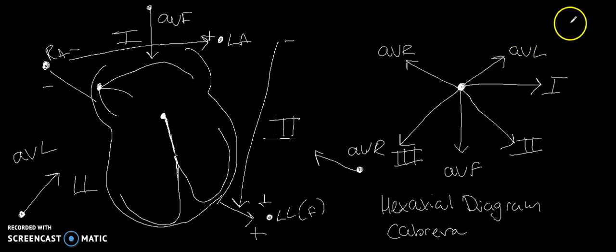Now, if we want to get really technical about it, we can actually say where these would be if you were to put them on a protractor. Okay? And this one would be minus 30 degrees. Okay? Lead 1 is at 0 degrees. Lead 2 is at plus 60 degrees.